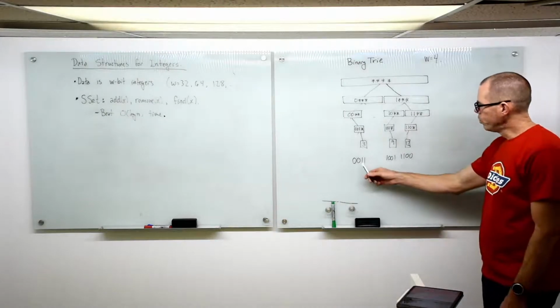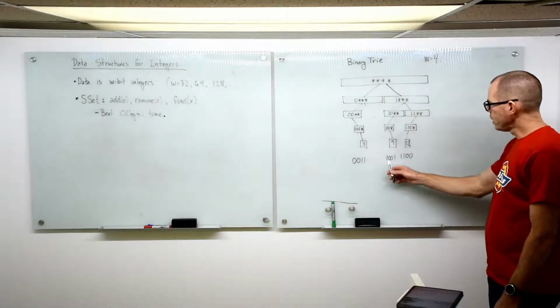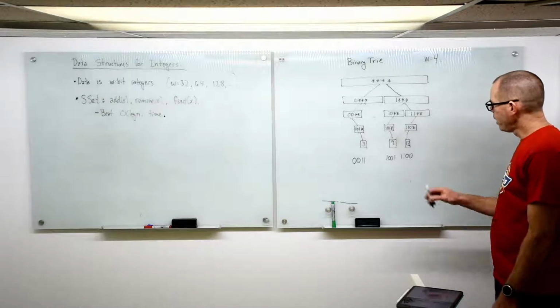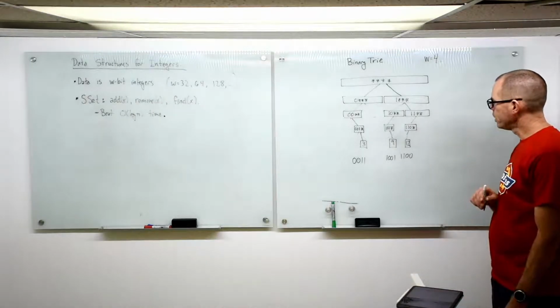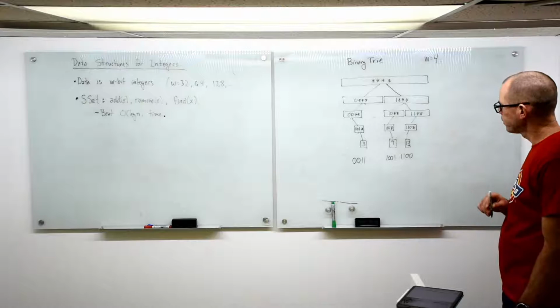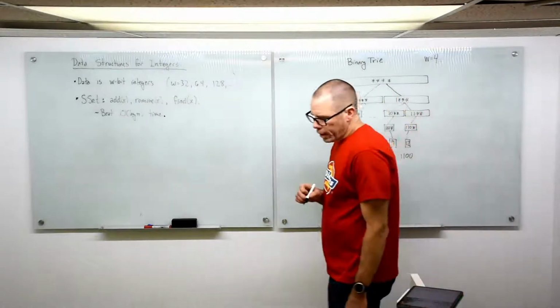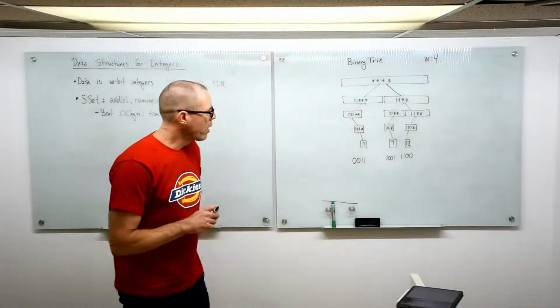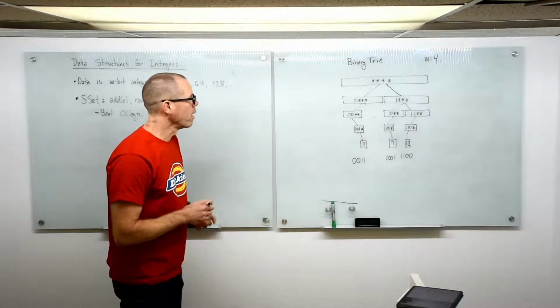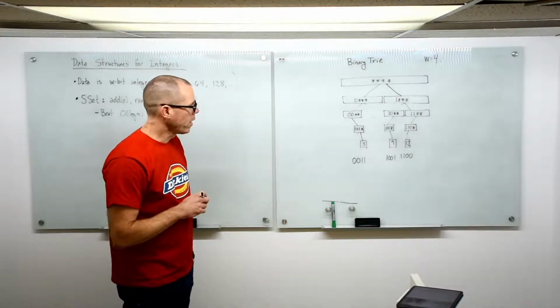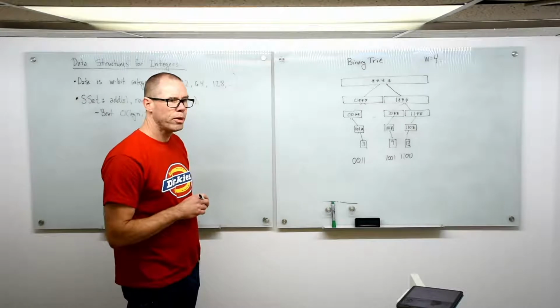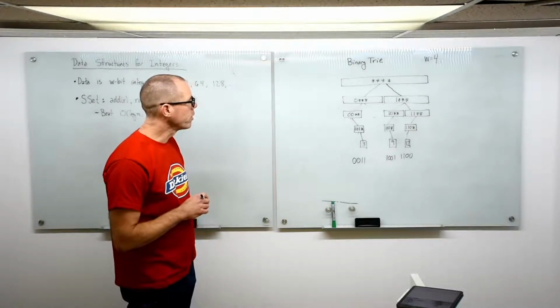Right? That's 2 plus 1 is 3. That's 8 plus 1 is 9. And that's 8 plus 4 is 12. All right? So a binary trie is a really simple thing, not particularly fast, but it's the underlying thing that we will use for everything that we're going to do.